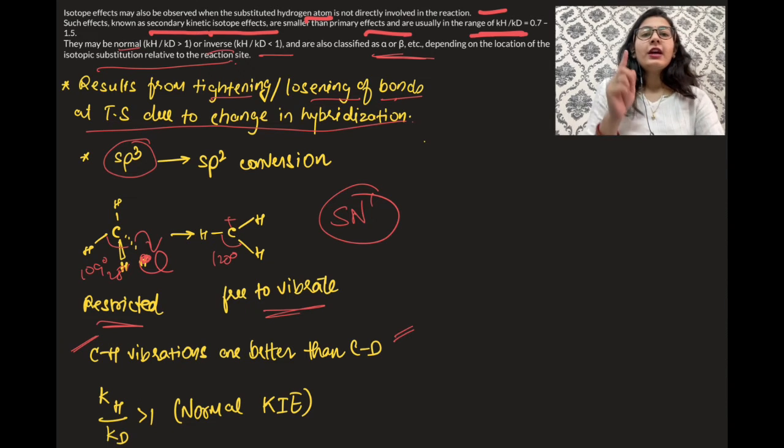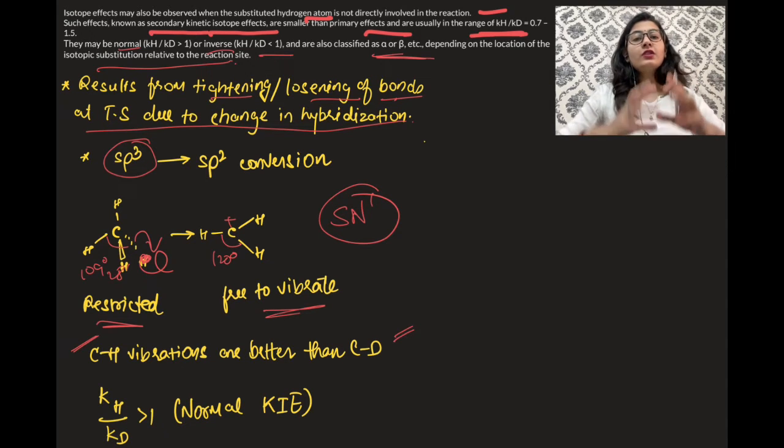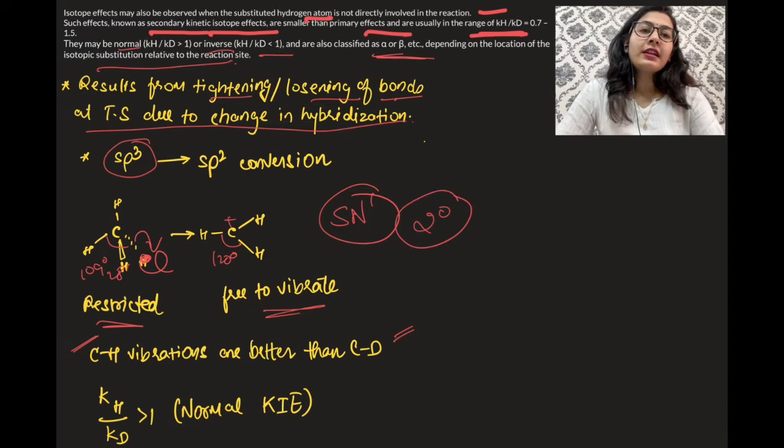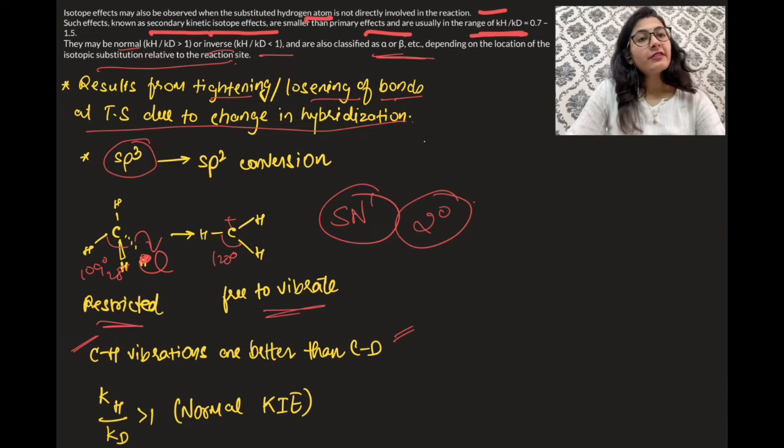Why secondary? Because a carbon hydrogen bond is not breaking directly, and still there is an isotope effect because of the relaxation in geometry. The CH vibrations are becoming even better than the CD vibrations. So this is the secondary kinetic isotope effect. Alright, and what kind of effect is this, alpha or beta?